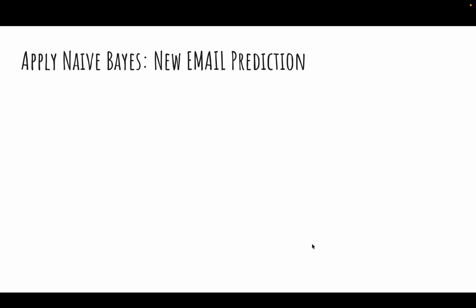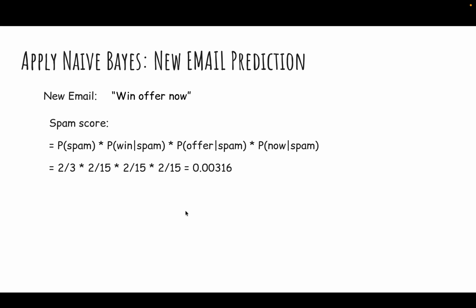Now we have to make the final prediction. For spam, we take the probability of spam and the individual words with their corresponding probabilities with respect to spam. We know P of spam is 2 by 3 and the probability of win given spam is 2 by 15, likewise for offer and now. So we multiply these, and we get our final result.